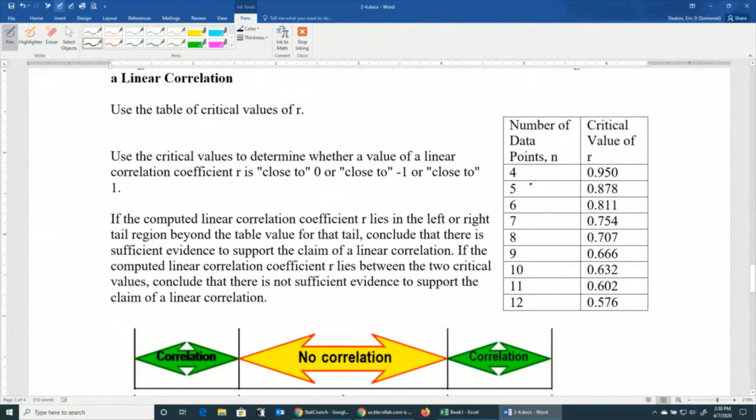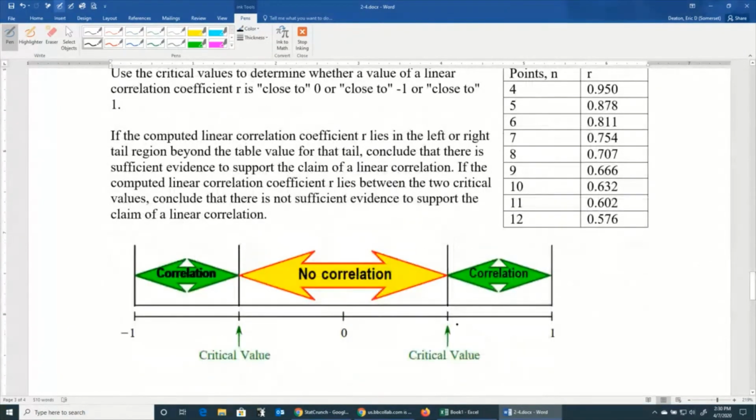We'll use sample sizes for now with these; later on we won't have to. But for now, these are the values we're going to use. We're going to label these plus or minus based on the sample size, and then there'll be an r value.